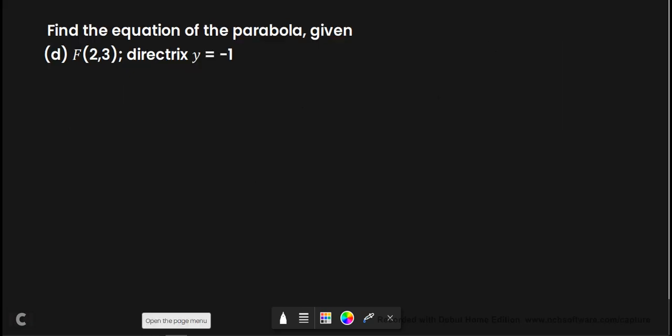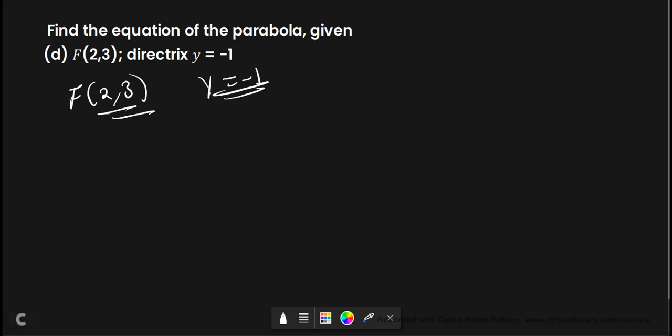So the second question is this part. You have been given the focus, which is 2 and 3, then y equal to negative 1, like that, right? What is the focus? The focus is 2, 3. So that is your hint that the vertex in this situation is h, k. If we had something like 0, 3 or 2, 0, know that the vertex is 0, 0.